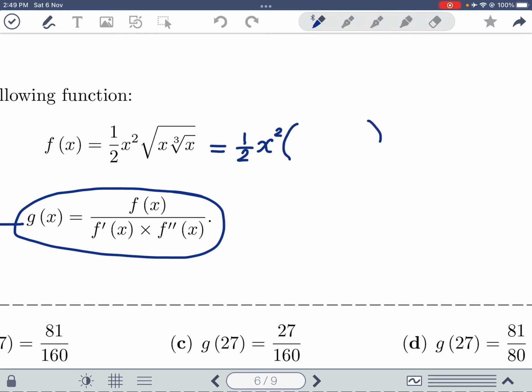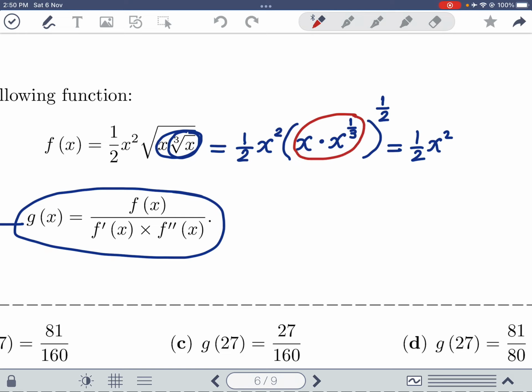So the inside of it is x times the cubic root of x, which is x to the 1/3. When you multiply them, this will give you x, and then you add the powers: 1 plus 1/3, which will be x to the 4/3.